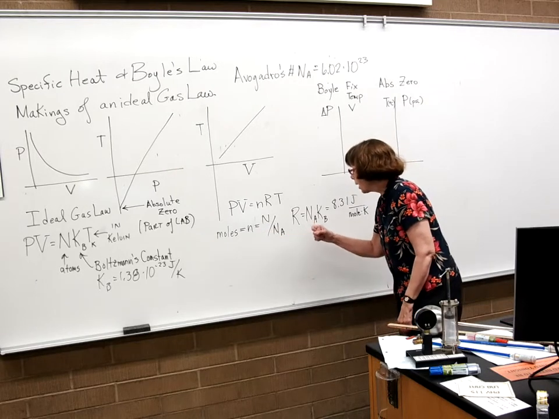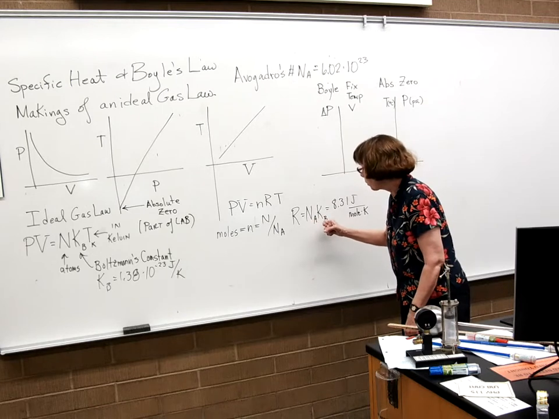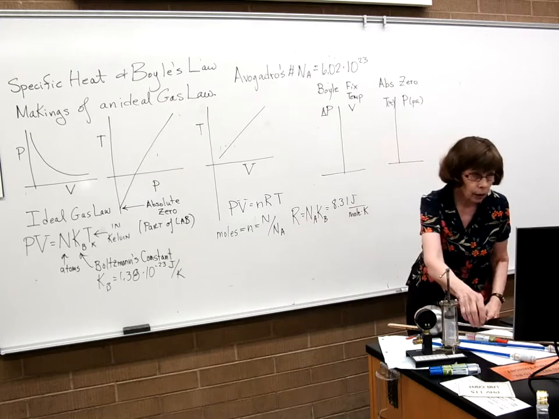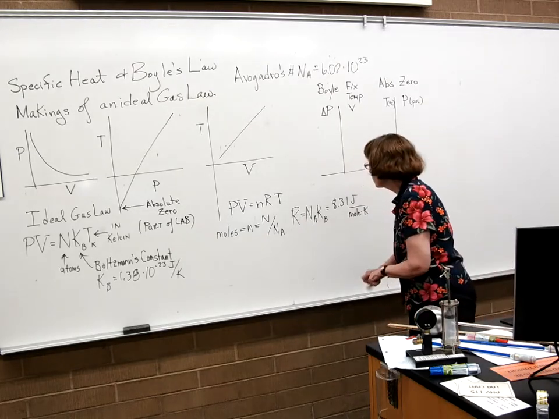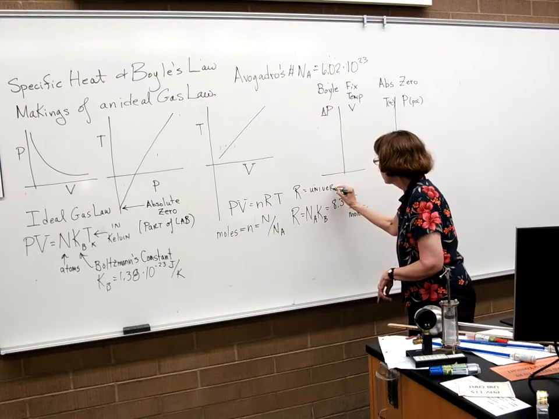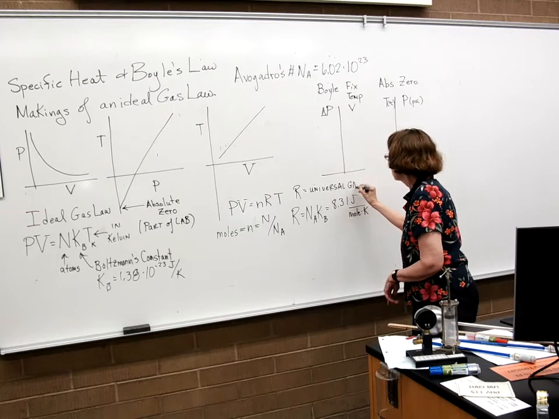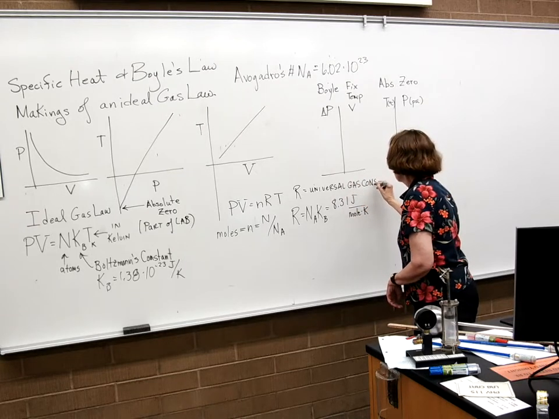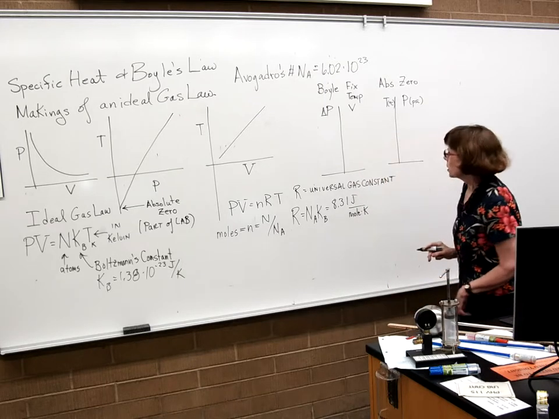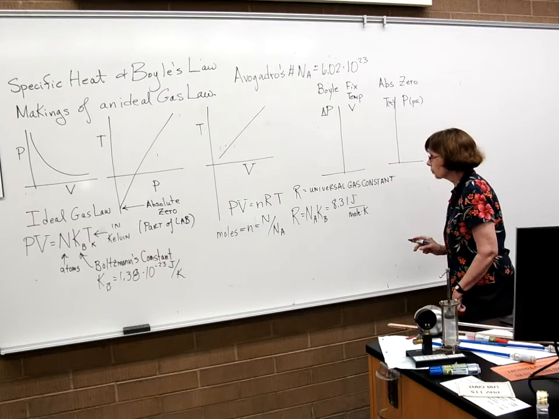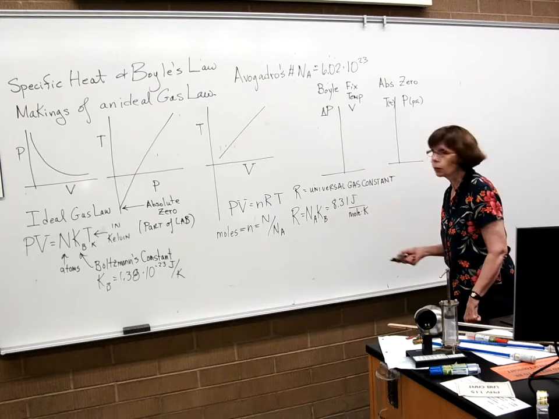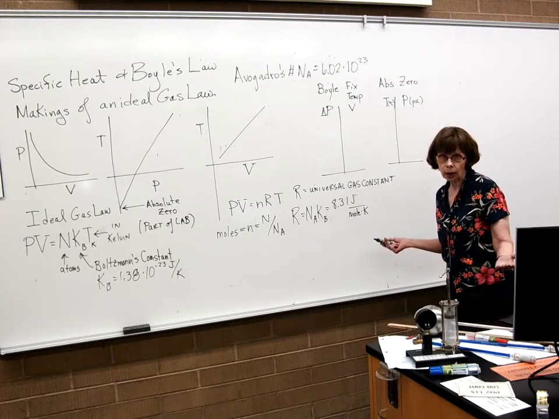Then they took Avogadro's number and multiplied it by Boltzmann's constant and made R, which is known as the universal gas constant, which is 8.31 joules per mole per Kelvin. And that made it very nice in the 19th century because your numbers were between 0 and 10. This was slide rule time after all.